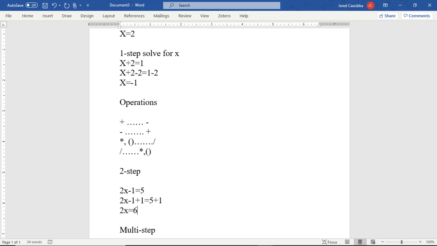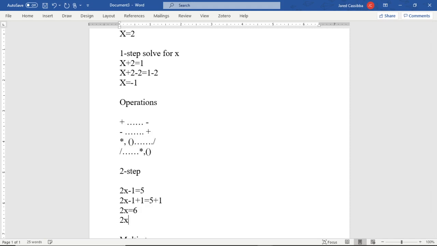Now, that was the first step. Step 1, getting rid of this number here. Step 2 is to move this 2. Well, 2x means multiplication, because they're next to each other. So the opposite of multiplication is division. So I'm going to divide both sides by 2.